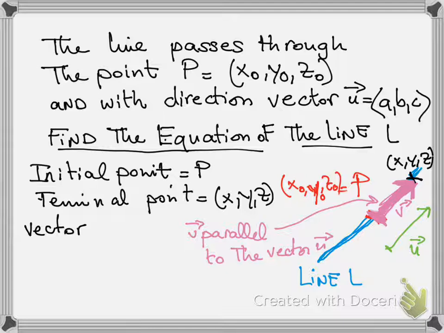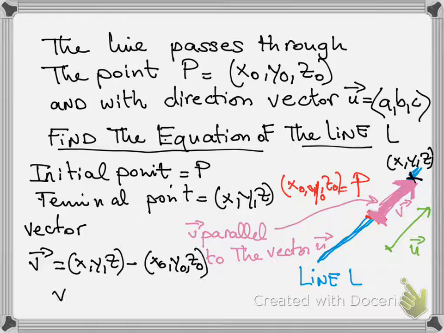The vector V is the terminal point x, y, z minus the initial point x0, y0, z0. So V is the vector x minus x0, y minus y0, and z minus z0.